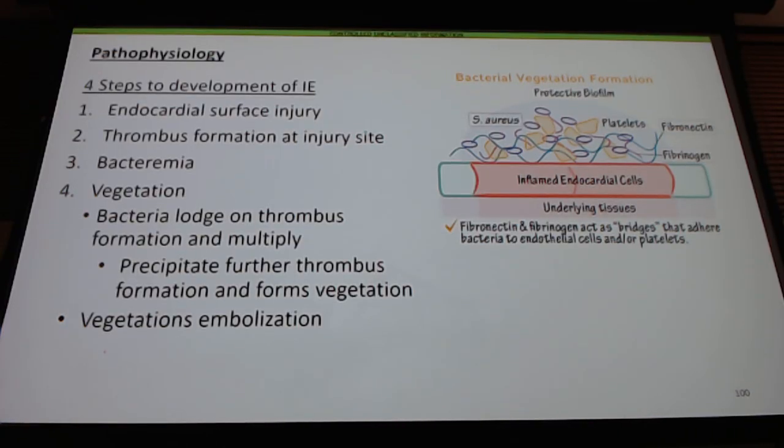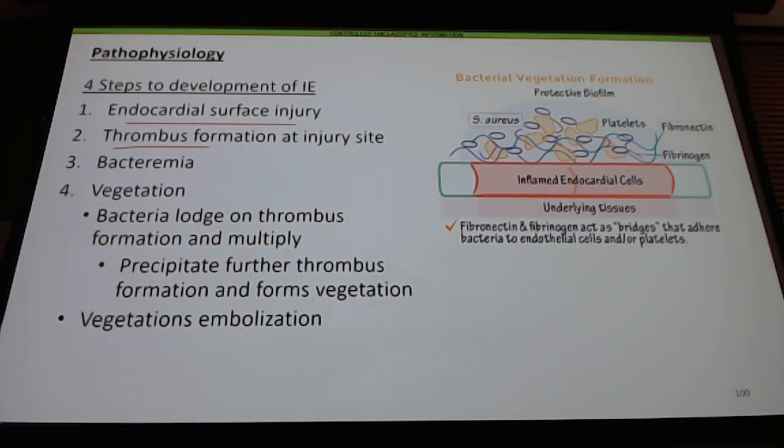And we talked about how the process of developing infective endocarditis is not as simple as having bacteria in the bloodstream. There needs to be some sort of endocardial surface injury first that then leads to a healing reaction, and you get thrombus formation.